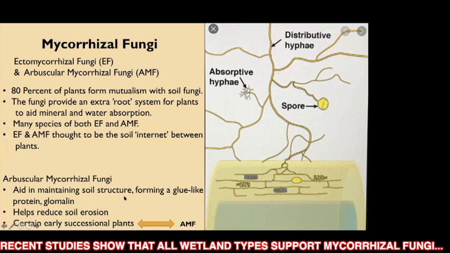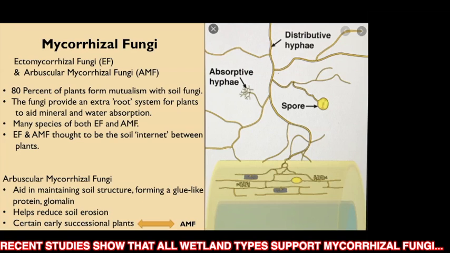So AM fungi are extremely important. They help reduce soil erosion because of that glue-like glomalin. And certain of the early successional plants in our model that we use have a very strong association with AM fungi and vice versa.